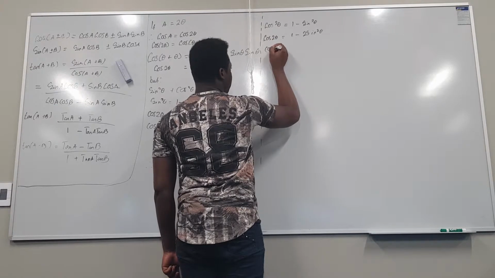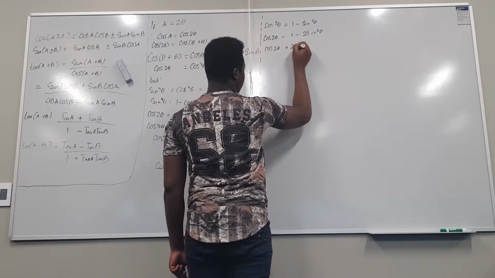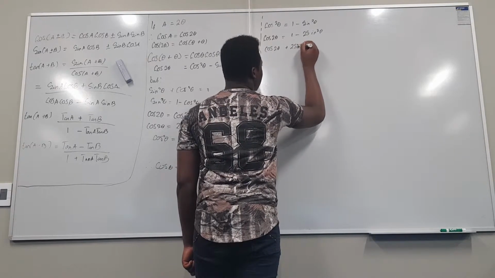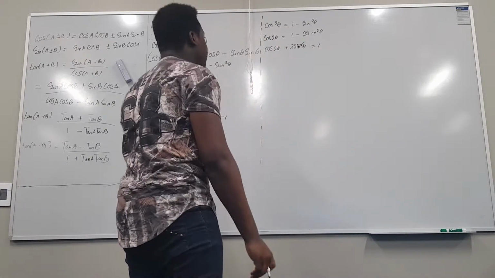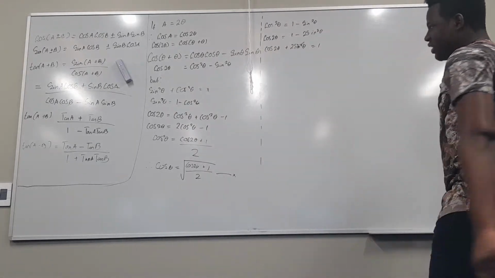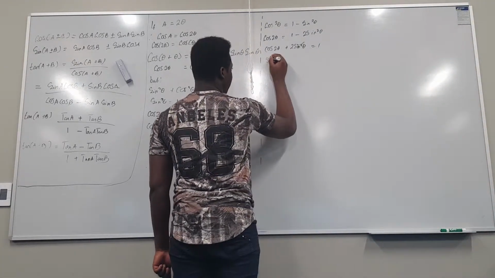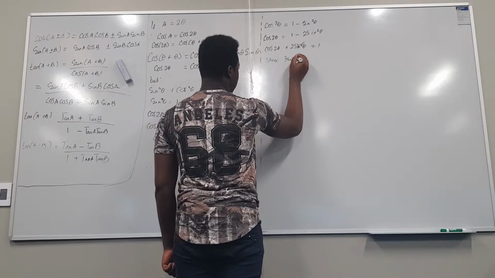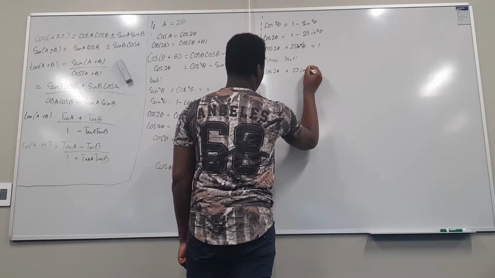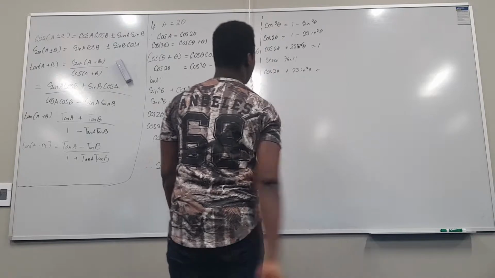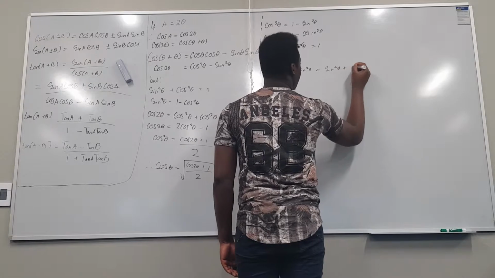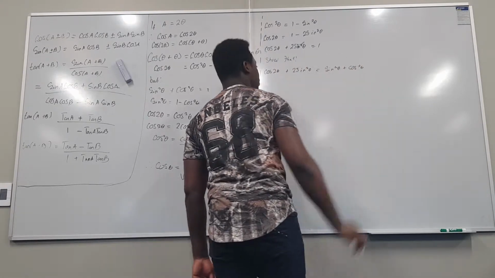So cos 2 theta plus 2 sine squared theta is equal to 1. You could actually bring out a question from here. You can say, prove that, show that, but we're not going to do it, that cos 2 theta plus 2 sine squared theta is equal to sine squared theta plus cos squared theta, because they're both equal to 1.